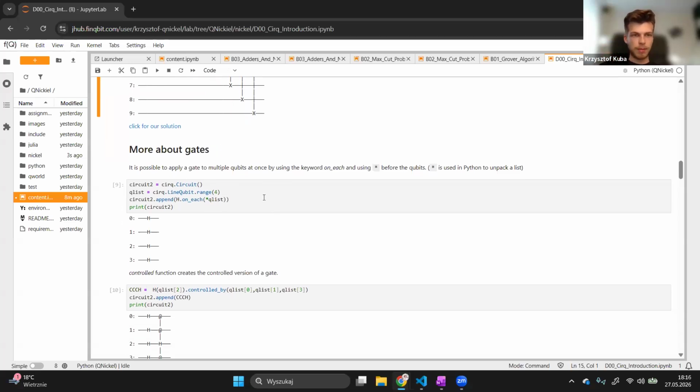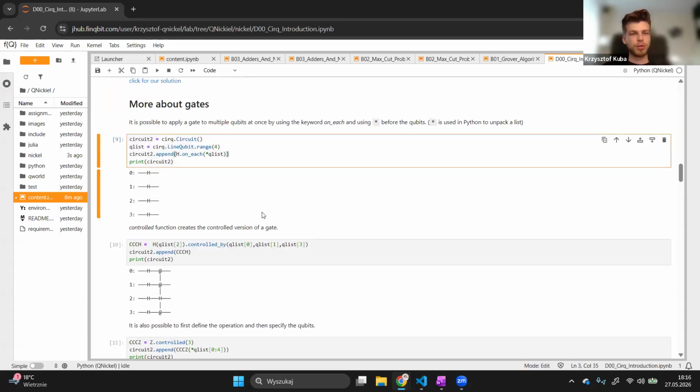Yeah, more about gates. There are actually two different ways to write gates. The first one is as we discussed earlier with append, and then we can write the Hadamard gate with a specific command, on each.